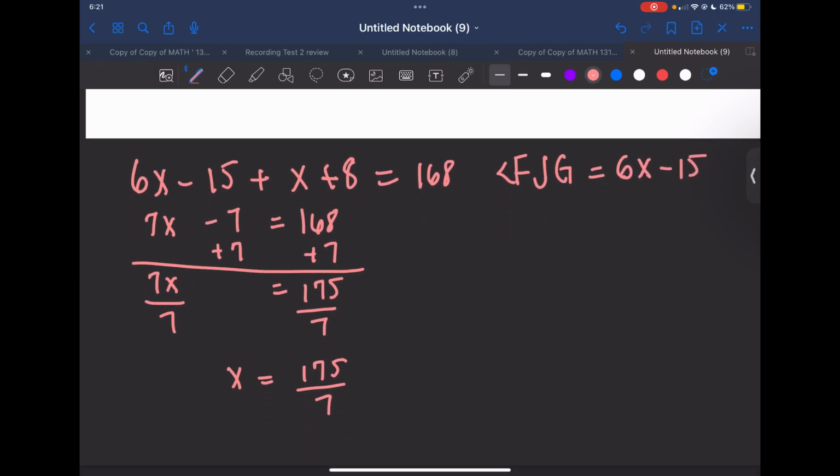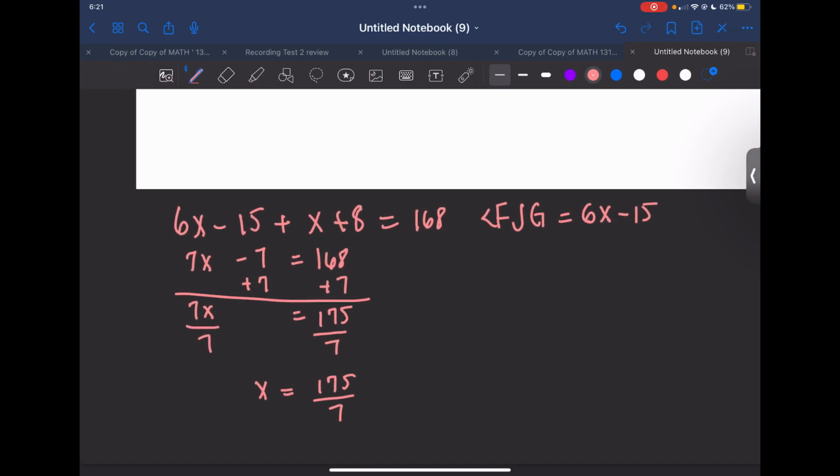Okay, so wherever I see an x, I'm going to put 175 over 7. 175 over 7 simplifies though. 175 divided by 7 is 25.